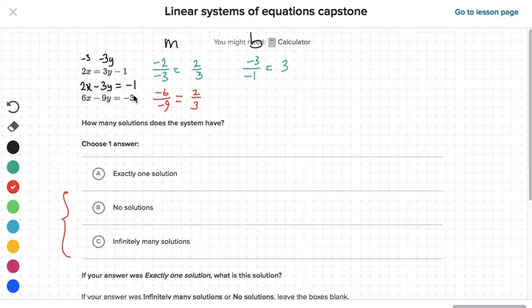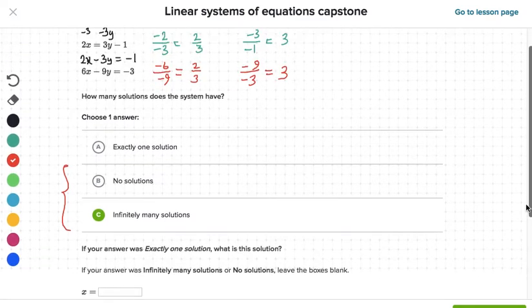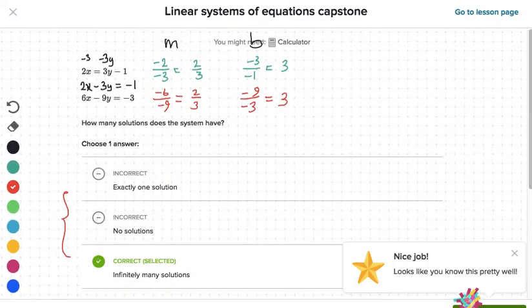And for the second one here, we're looking at negative 9 over negative 3, which is also equal to positive 3. So we've got everything the same, giving us infinitely many solutions. And there's nothing more to do on this question because it was infinitely many solutions.